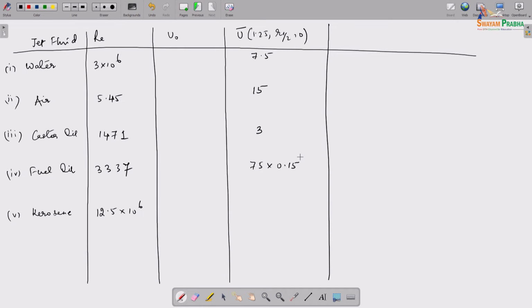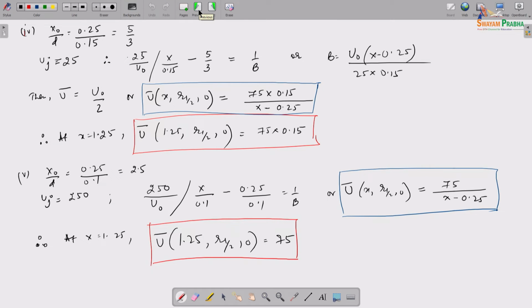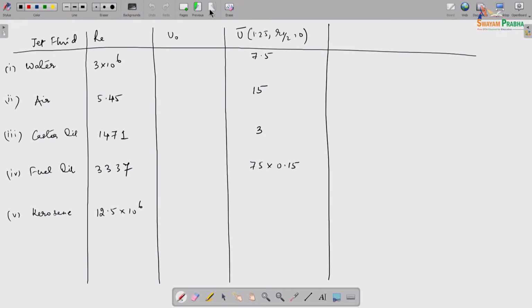It's slightly more than 7.5. Let's just put it that way. And 5 is 75. Okay, so these are at a specific location, X is equal to 1.25 at the jet half width.